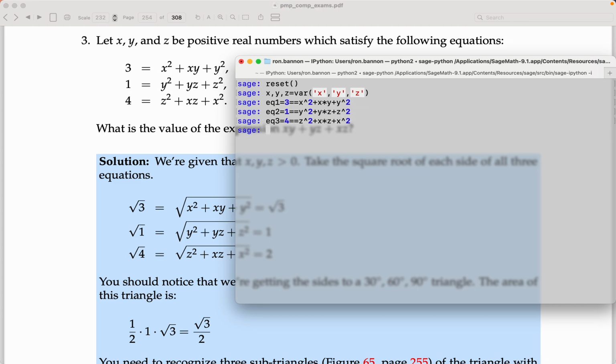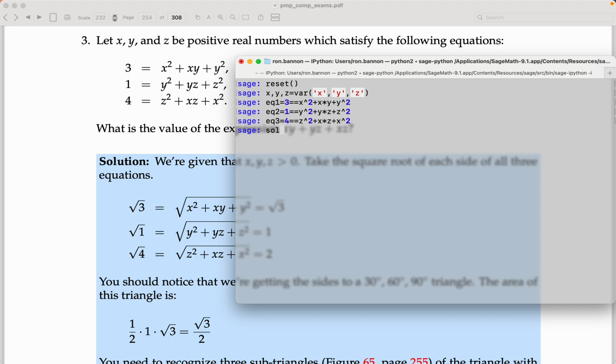All right, let me just see if I did that right. Equation 1 is 3 equals x squared plus xy plus y squared. Equation 2 is 1 equals y squared plus yz plus z squared. Equation 3 is 4 equals z squared plus xz plus x squared.